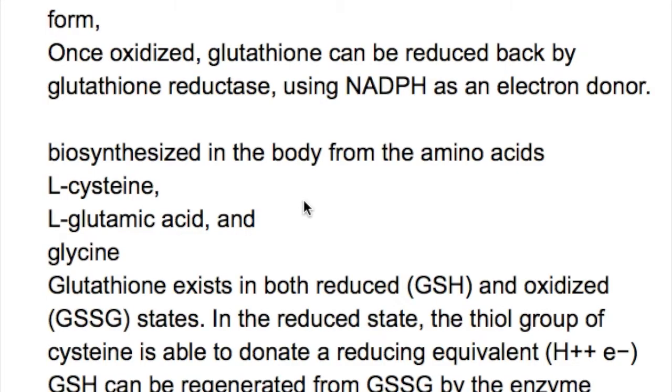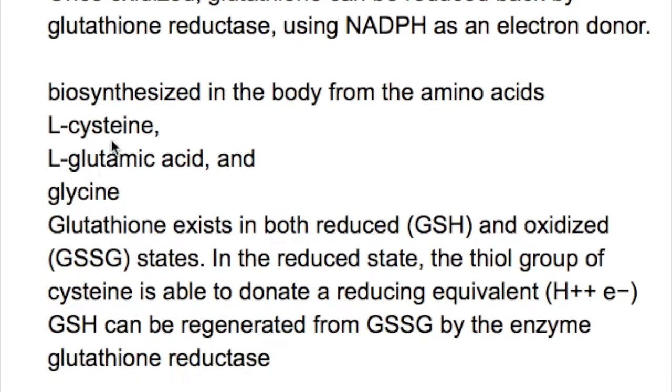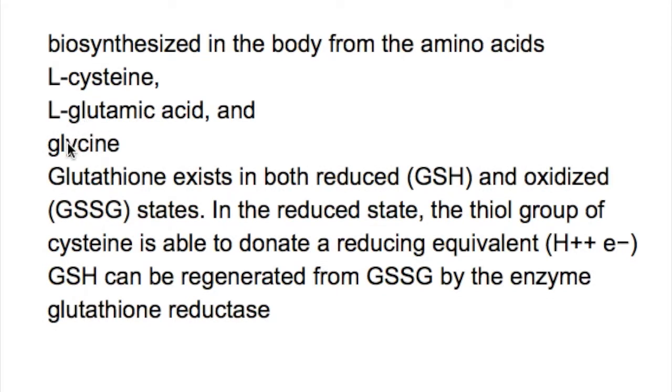So what does the glutathione do? Glutathione is an antioxidant that serves as an electron donor, and in the process it's converted to the oxidized form, and then, as I told, it's converted back to the reduced form by NADPH that donates the electron. Glutathione is synthesized in the body from the amino acids L-cysteine, L-glutamic acid, and glycine.